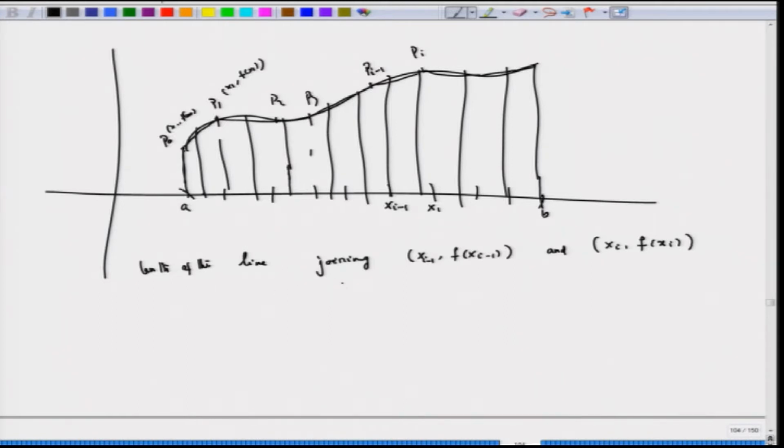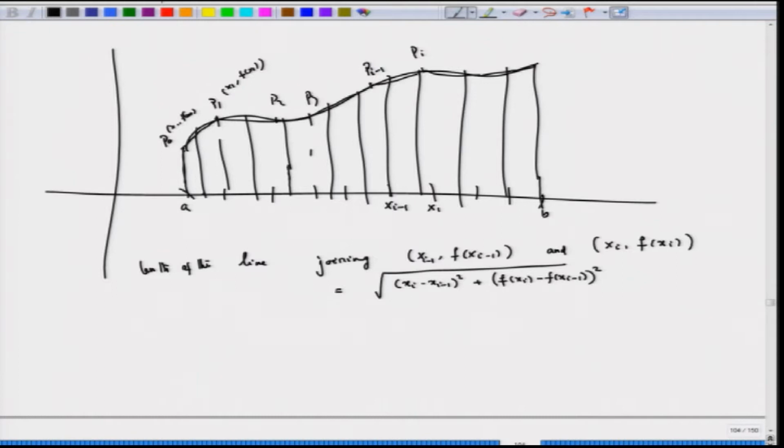The length is equal to the square root of (x I minus x I minus 1) squared plus (f of x I minus f of x I minus 1) squared.